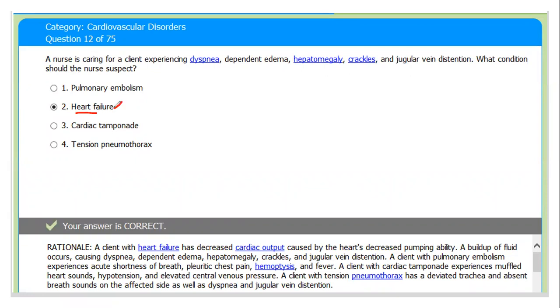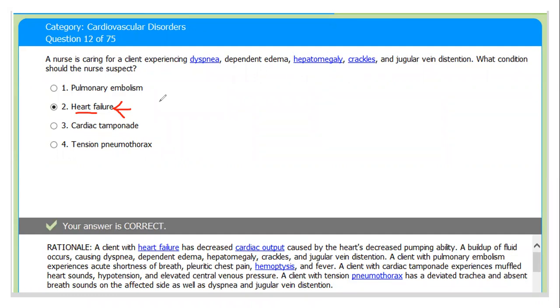A heart failure patient can present with shortness of breath, with edema, and hepatomegaly if the patient has right-sided heart failure. If your patient has left-sided heart failure, the patient presents with a lung problem, right?